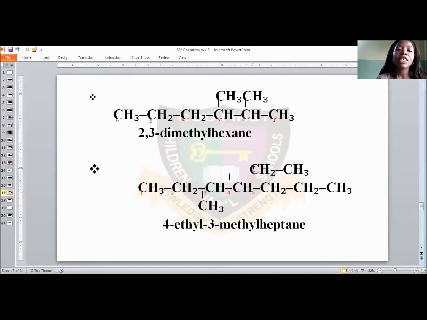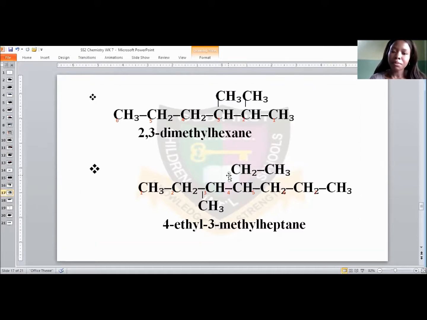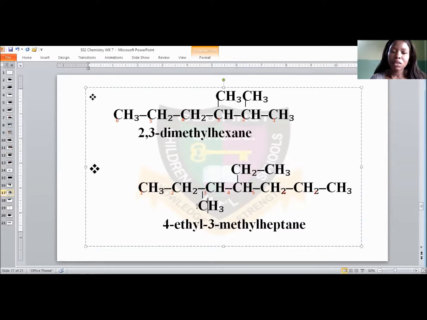Then now in this other example, like I said, there is a rearrangement of this work because of the system. So now look at this chain. In this chain, you have a group attached here, then here also.